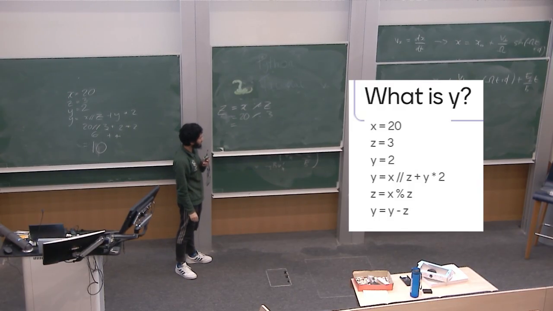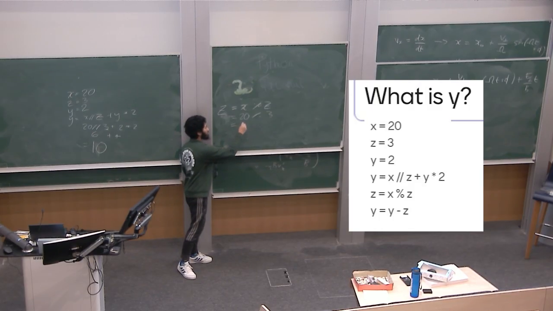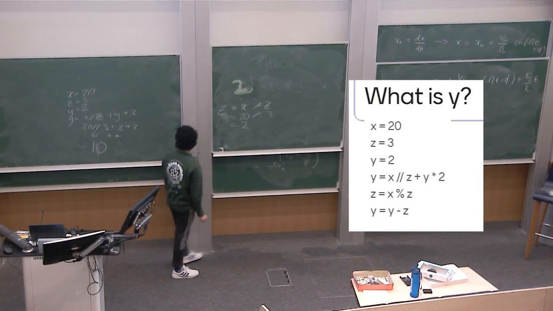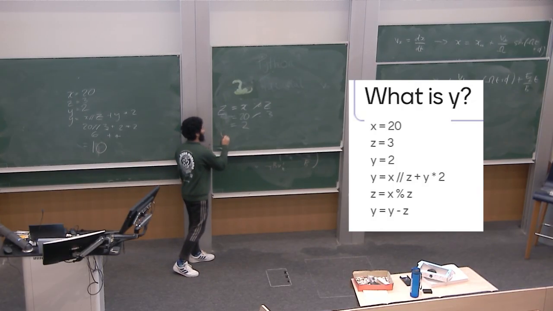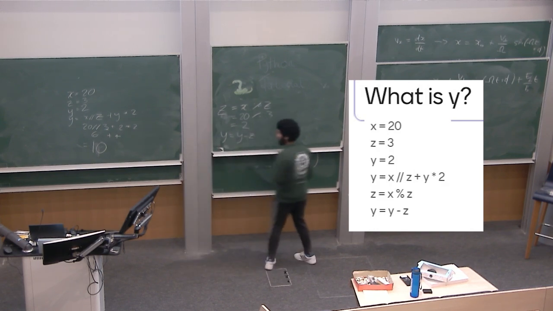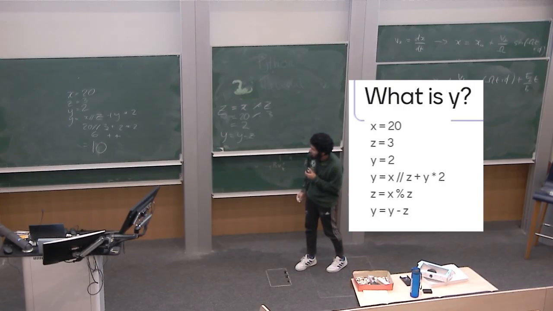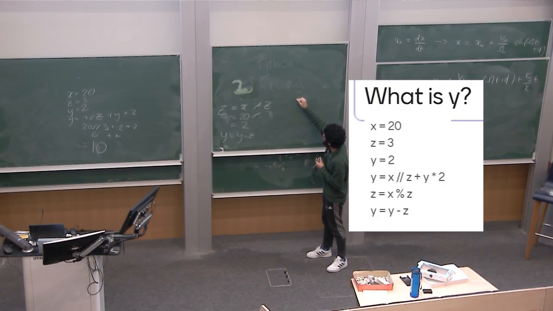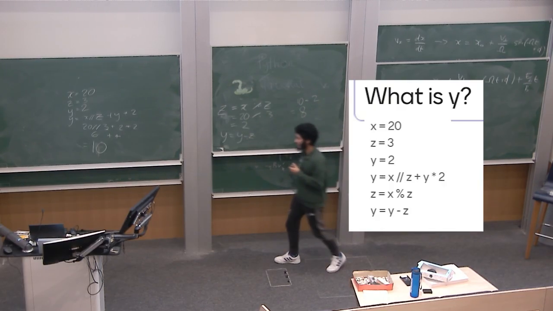The nearest number that 3 goes into 20 would be 18. So then you have a remainder of 2. Okay, so z is set to 2. And for the final part, y equals y minus z. Y right now is equal to 10. Z is equal to 2. So it becomes 10 minus 2, which is equal to 8, which most of you got.